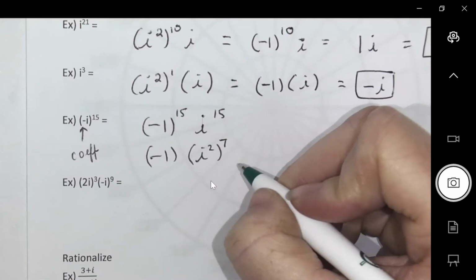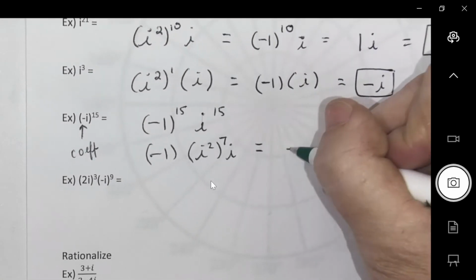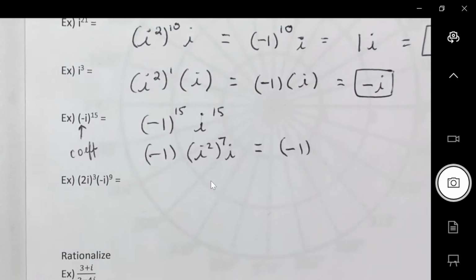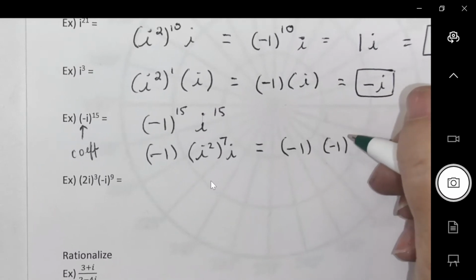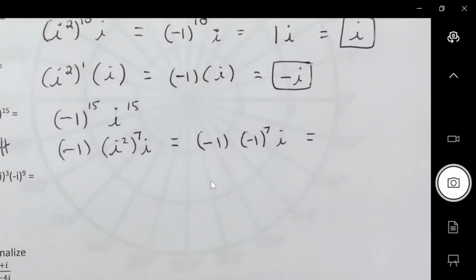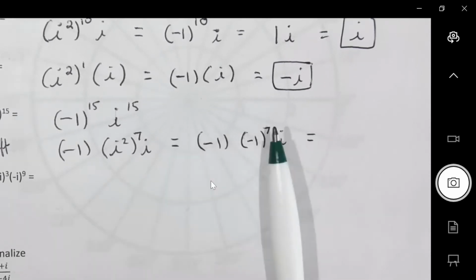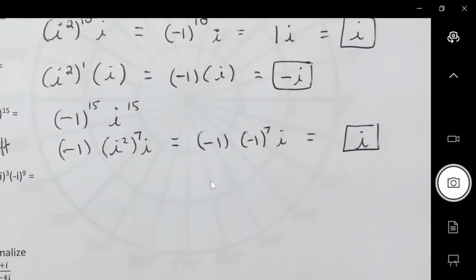Did you go with 7 and 1 more, to make the 14 and 1, 15? Okay, so I had the -1 from the coefficient stuff. -1 to the 7th. So what do we have here for the number? This is negative and negative, so that would turn positive.